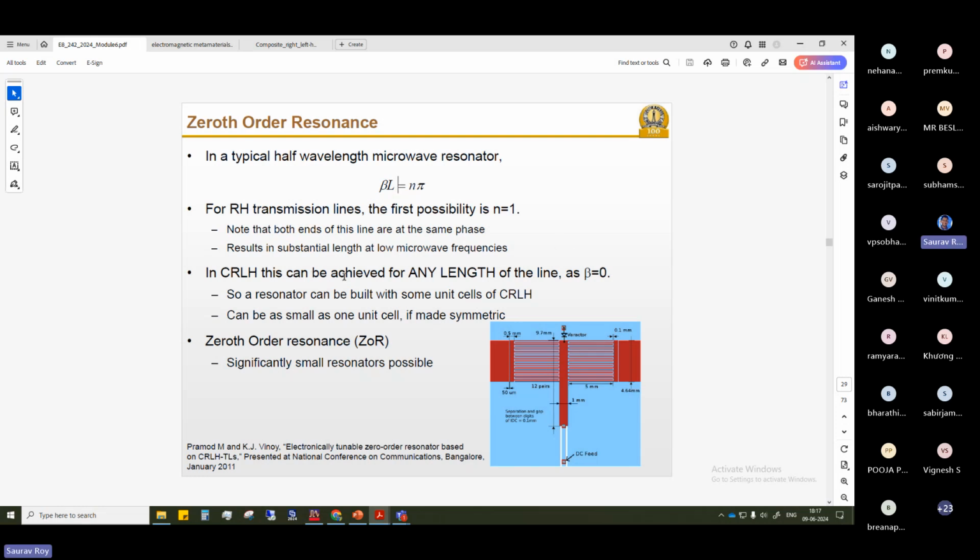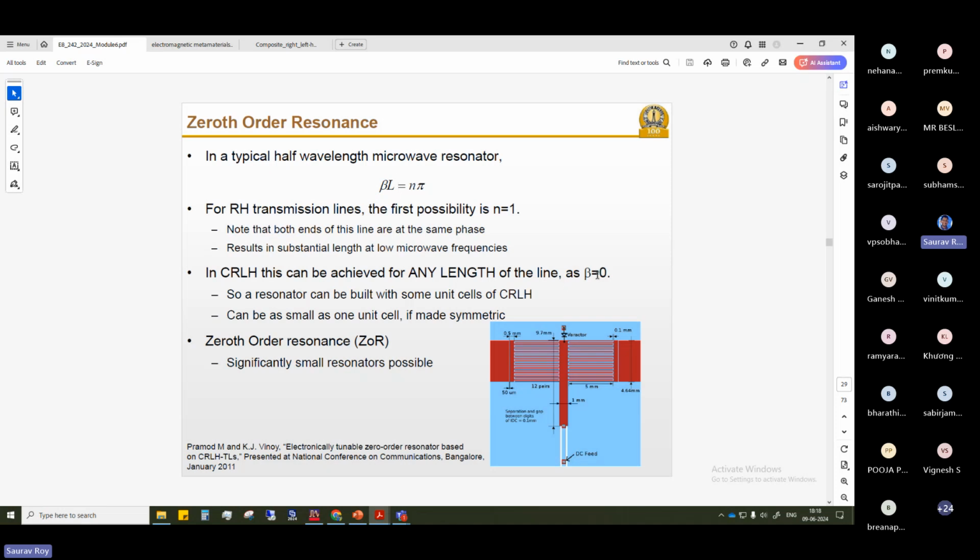Now, for the CRLH line, for some frequency you can actually get beta equals 0. If beta is 0, that means there is no constraint on the length itself. You can take any length. That will drastically reduce the size of your unit cell or your transmission line circuit.